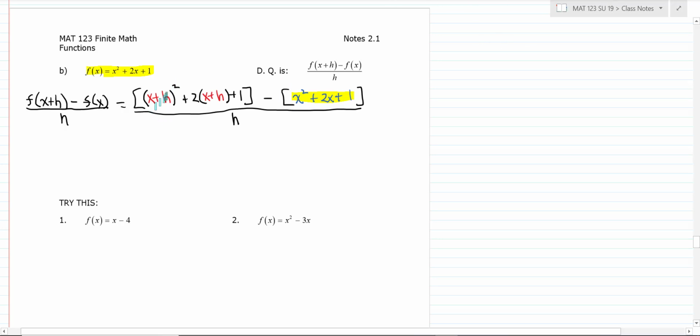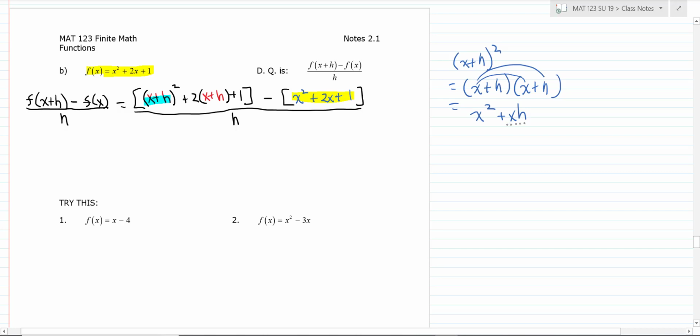All right, now I'm going to do a couple of things at the side of the paper here. I'm going to do this part right here, just kind of on scratch paper. So if I do x plus h squared, the best way to do that is to write that out twice and then FOIL that. So if you do that, the first term will be x squared. Okay, like that. Outside term is plus xh.